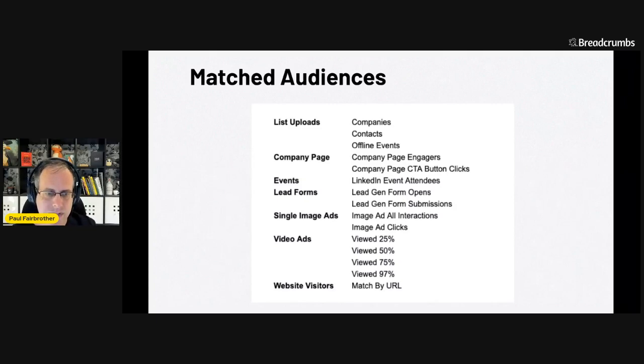Something that's quite useful sometimes is video ads, where you can run, say, a 30 to 60 second video ad, remarket to viewers, and then show them something like a lead form. And if you've got the Insight Tag installed, which is completely free to install, you can build an audience of website visitors. You can segment them in some ways as well, and then remarket to those. So lots of really powerful options, both for prospecting cold traffic and for remarketing to warm audiences.